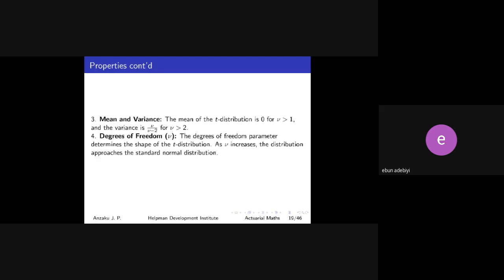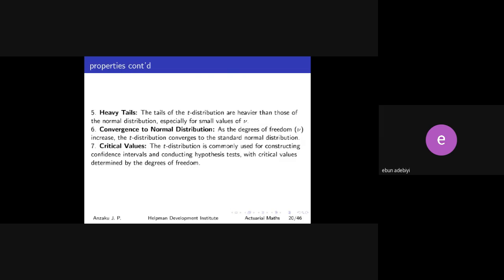We see that as v increases, the distribution approaches the standard normal distribution, which has mean equal to 0 and variance equal to 1. The critical values of the t distribution are commonly used for constructing confidence intervals and conducting hypothesis tests, with critical values determined by the degrees of freedom.